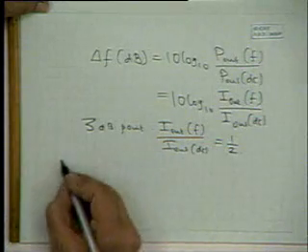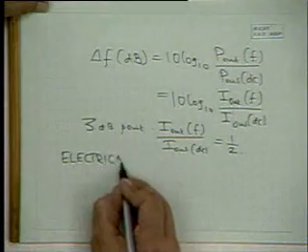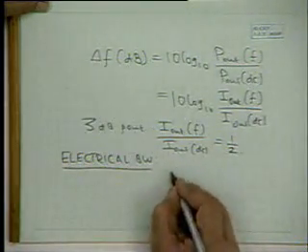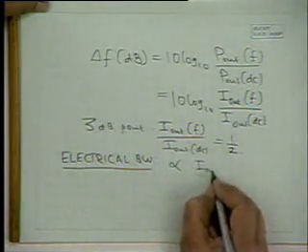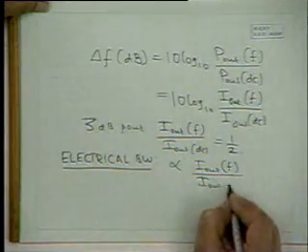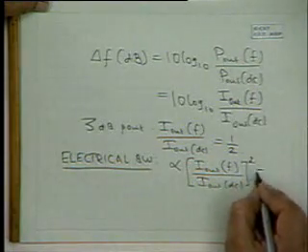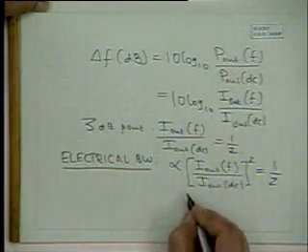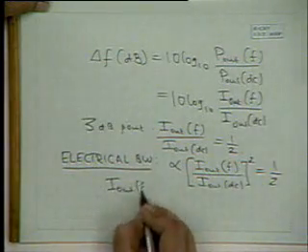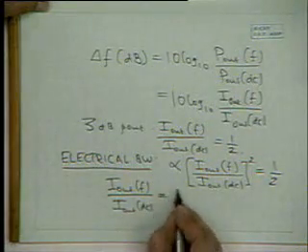But you can also define an electrical bandwidth concerned with the power, which is proportional to I output F over I output DC squared, equal to half. And so in this case, I output F over I output DC is 1 by root 2.